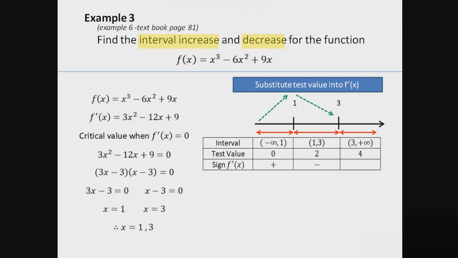Then we calculate it, then we get a positive value. So we know that this interval is increasing. So as a conclusion here, we'll get f(x) increasing in the interval of -infinity up to 1 union with 3 up to positive infinity, while f(x) is decreasing in the interval of 1 up to 3.